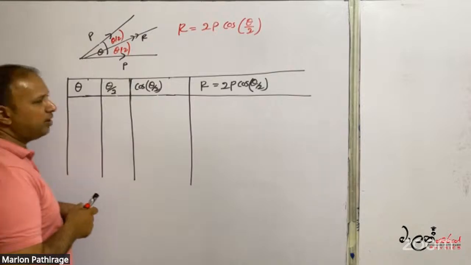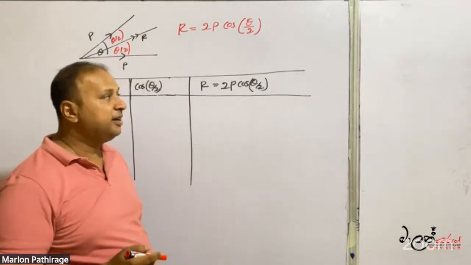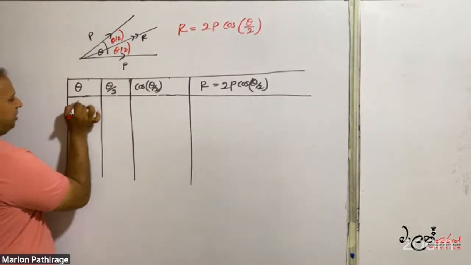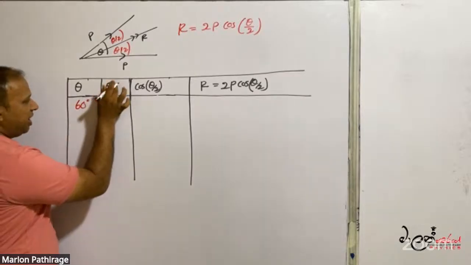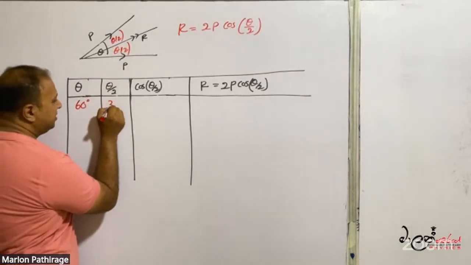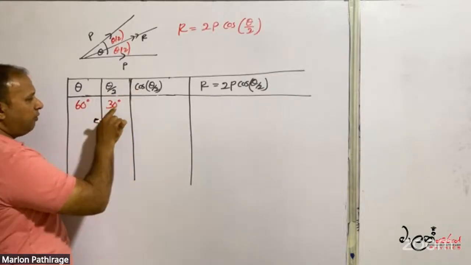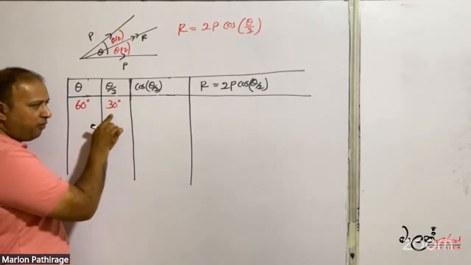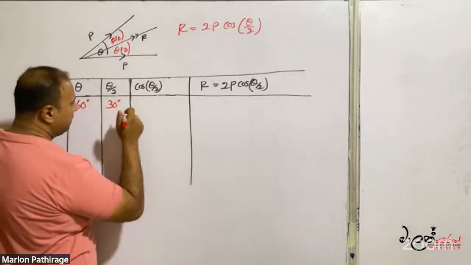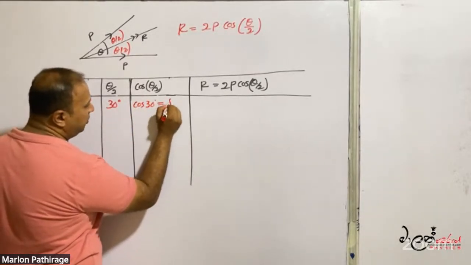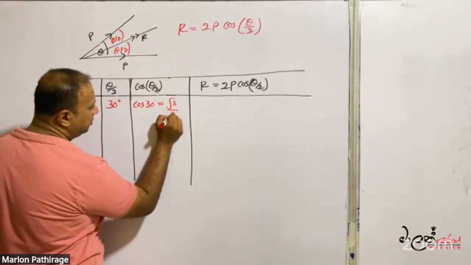The first one, I can take as 60. If it is 60, half angle is 30. Therefore, cos value of half angle is cos 30, which is root 3 over 2.